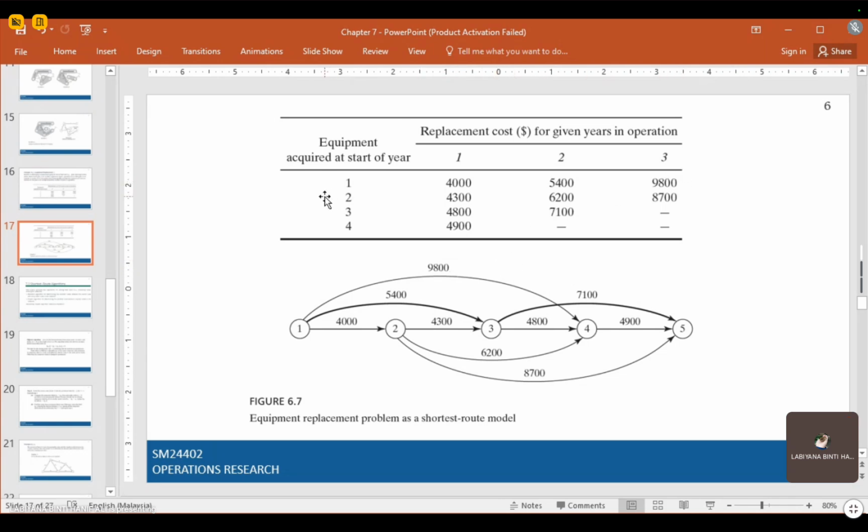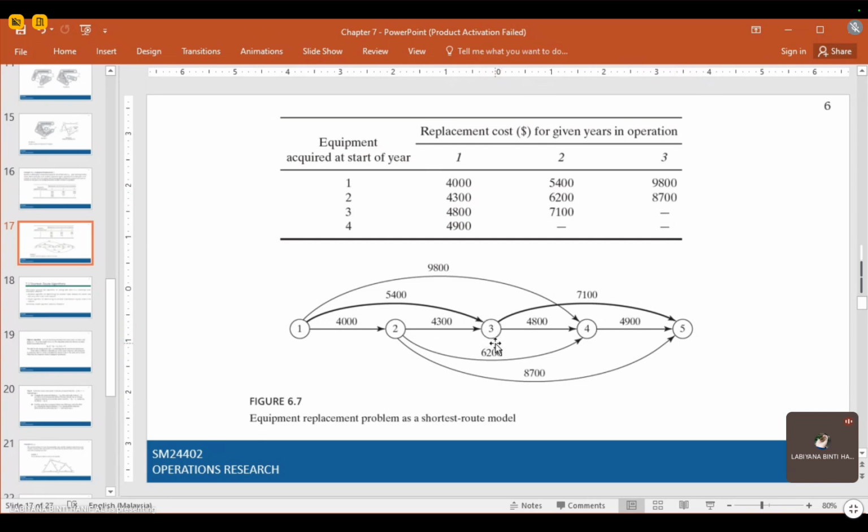Let's look into the second node. From the second node into the next one, we have 4,300. The second node into the fourth node is 6,200. From the second node into the fifth node is 8,700.